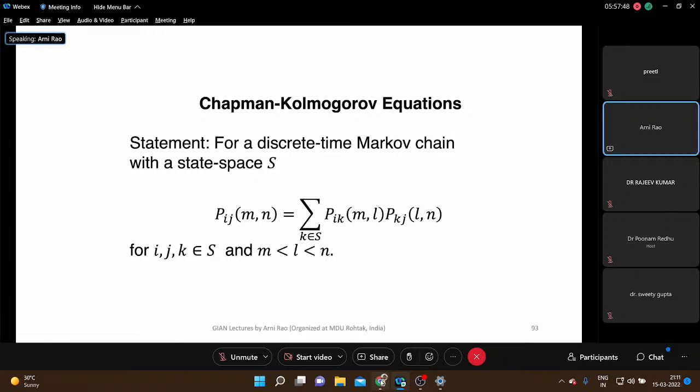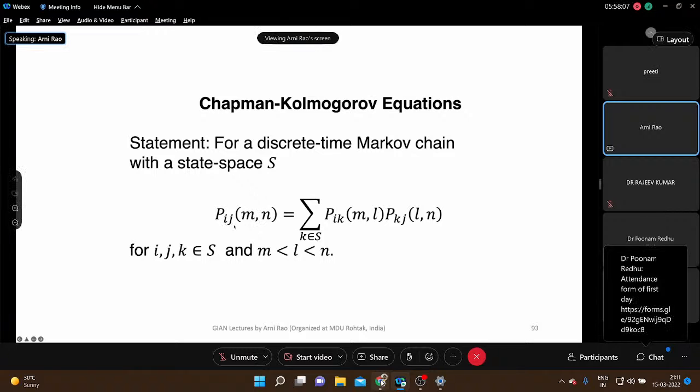Please concentrate on the notation here. We just discussed it in the previous slides. i stands for the state, the suffix is the state, and this is the time. So the random variable was at state i at time m, and the random variable reached state j at time n.